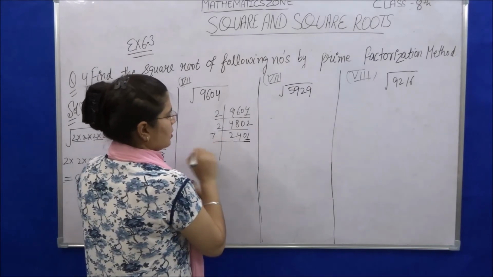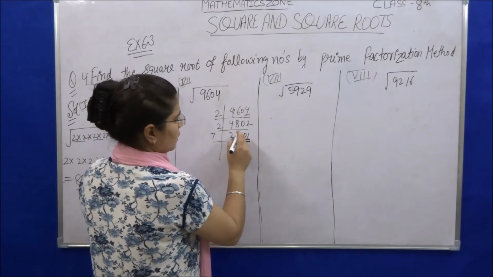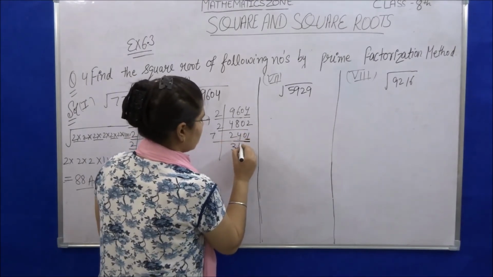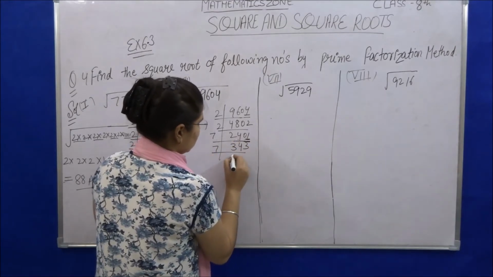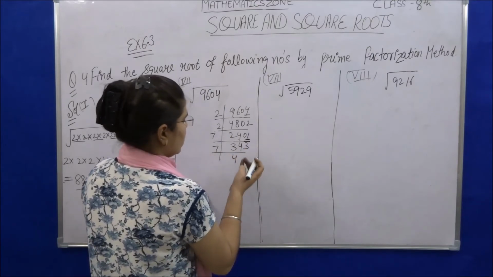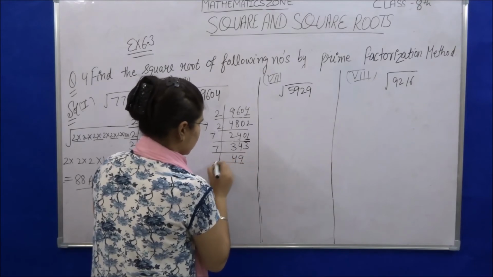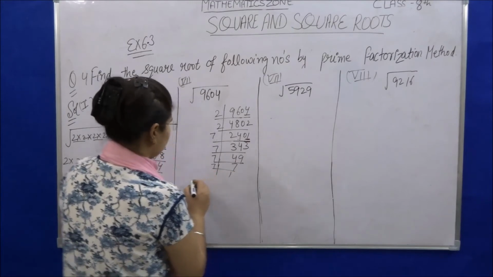Let's take 7. So 7 3s are 21. So 3 number will be 30. 7 4s are 28, 7 3s are 21. Now 7 4s are 28, 29, 30 and 4 more 63. 9 6s are 63, 7 7s are 49, 7 1s are 7.